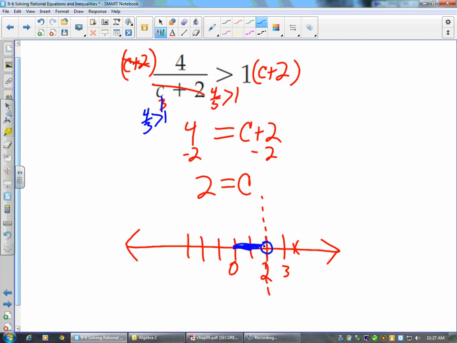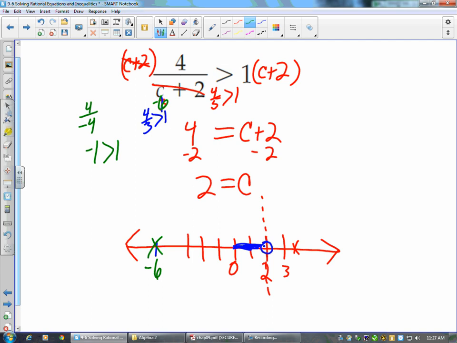The trouble comes into if I wanted to pick, say, -6, and I put in a -6 in that C spot, -6 plus 2 is going to be a -4, which equals -1. Is -1 bigger than 1? That's not true. So down here does not work. We can't be shading that point.